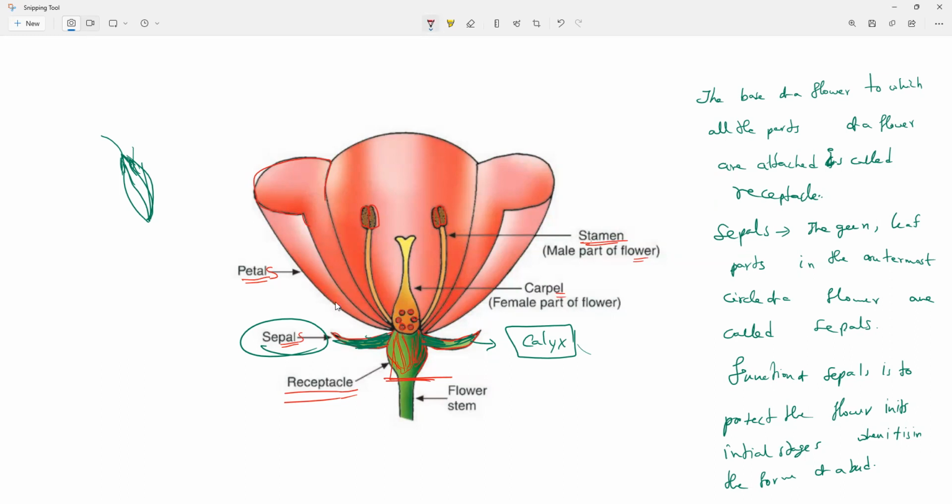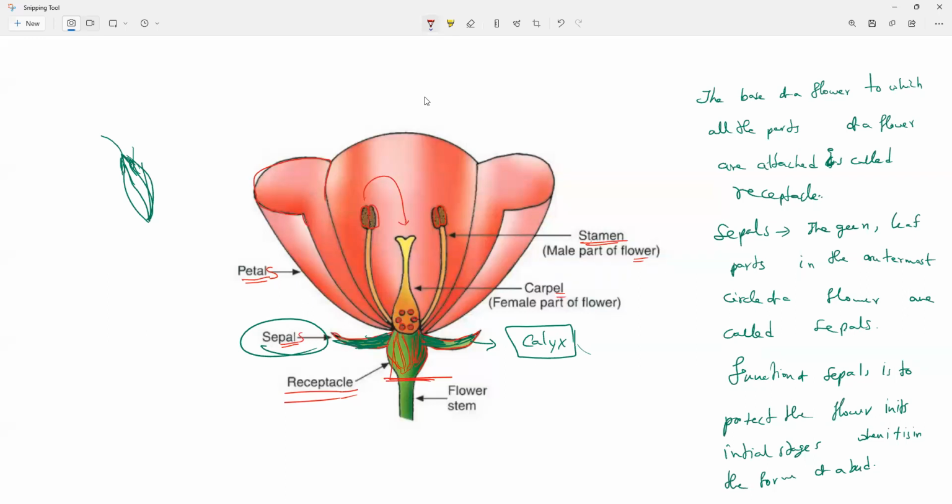Actually, the importance of petals is helping in fertilization, male and female. How, sir? In humans or animals, male sex cells can be transferred to the female sex cells by the sexual reproductive process. But flowers cannot be moved because they are in a permanent position. So they need external help.